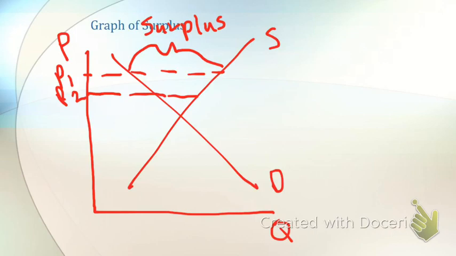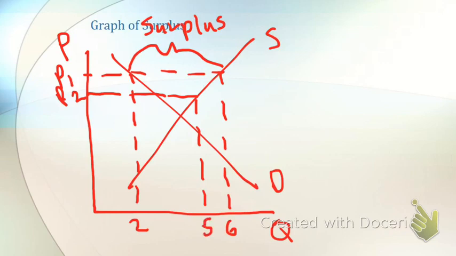First of all, let's go back to P1. Let's quantify it. What would be our surplus? 4. Yes, at P1 the surplus is 4, and then we move to P2. What's our surplus now?